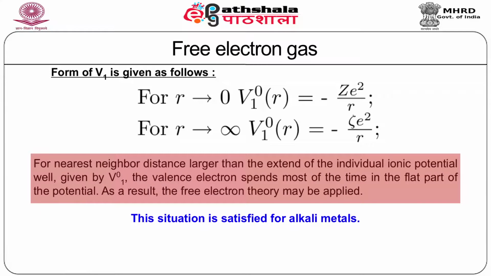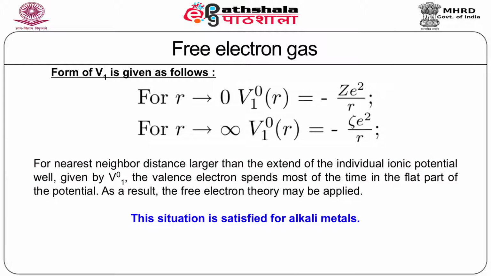The nearest neighbor distance is then larger than the extent of the individual ionic potential well, which is given by V10. In this case, the valence electron spends most of the time in the flat part of the potential V1. As a result, the free electron theory may be applied. This is the situation which is satisfied for alkali metals.